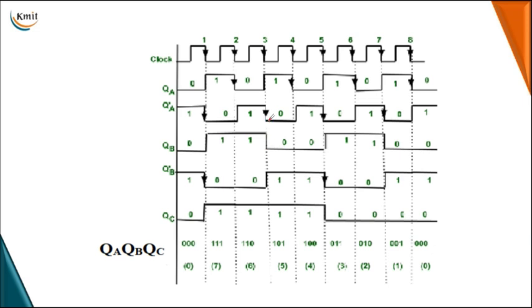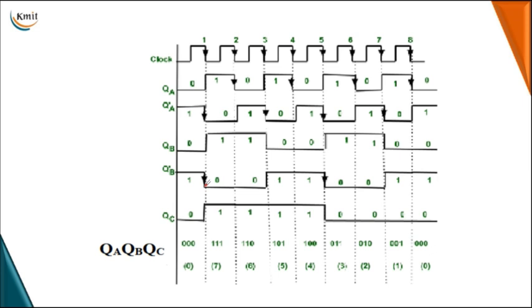So at the second negative edge on QA bar, the output of QB shifts from 1 to 0, and this continues till the third negative edge on QA bar, when it shifts from 0 to 1. QB bar we have also calculated here in order to obtain the output of the third flip-flop. Initially QC is 0.